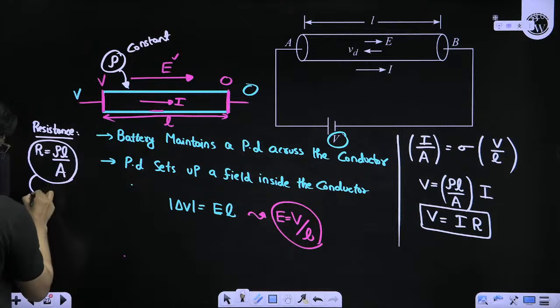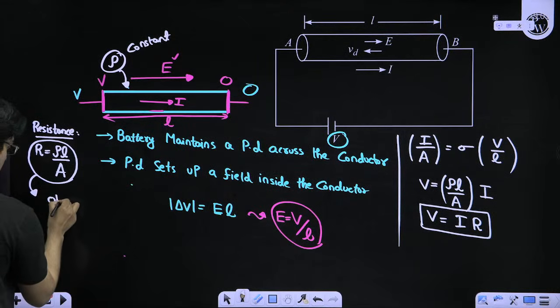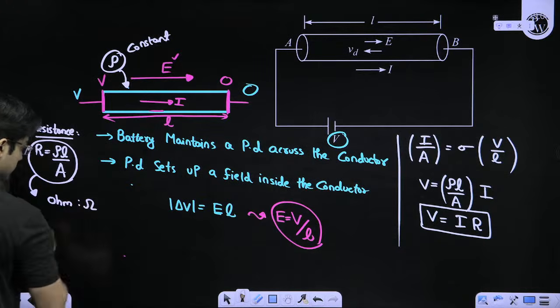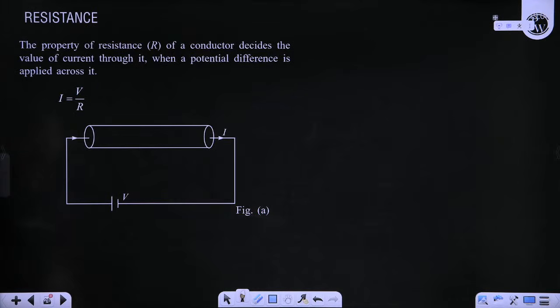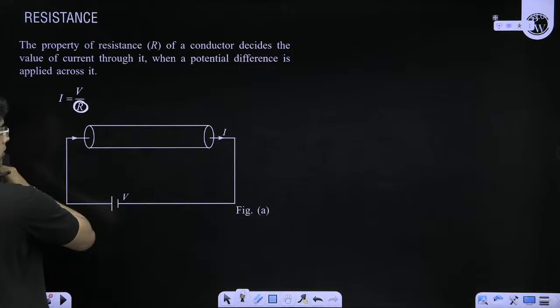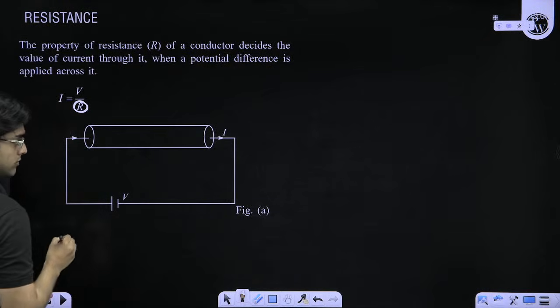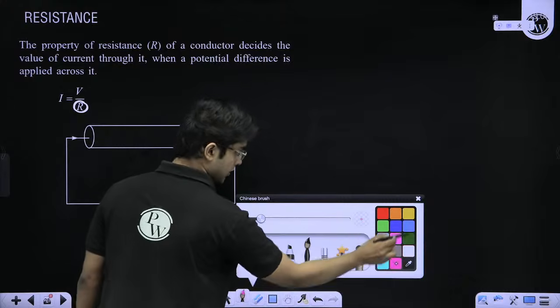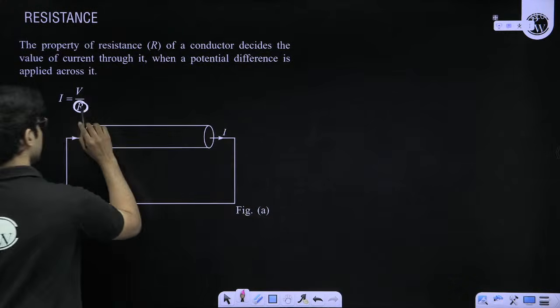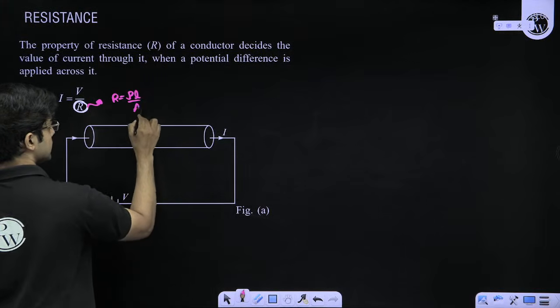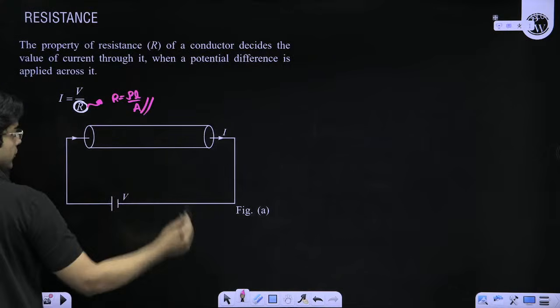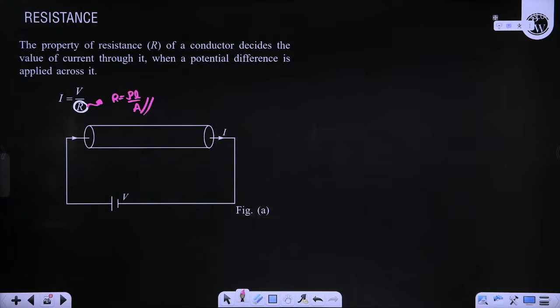And the resistance unit will be ohm, right? So that is all about this formula V equal to IR. The resistance of the conductor is basically used to control the current through the circuit. We know how to increase resistance, right? Resistance is rho L by A. So you can increase the length of the conductor, or you can decrease the area, or you can choose a different material.